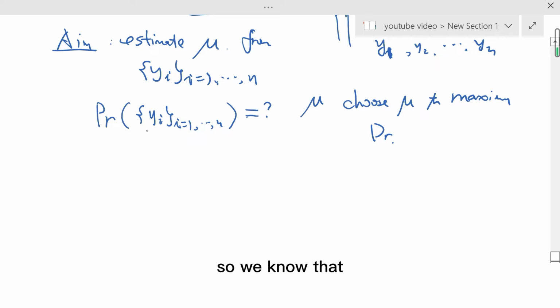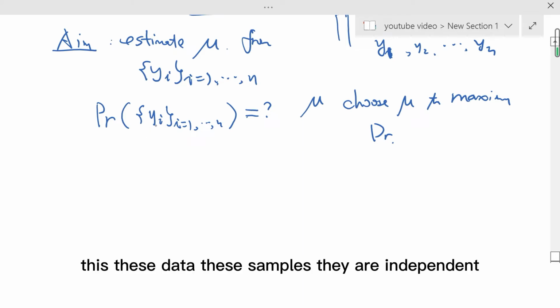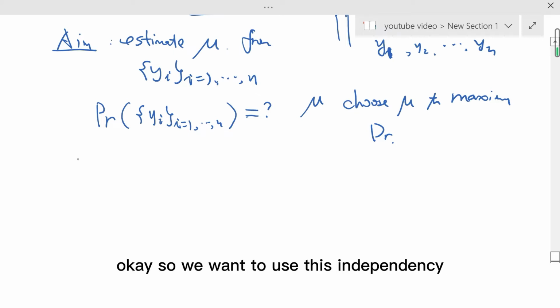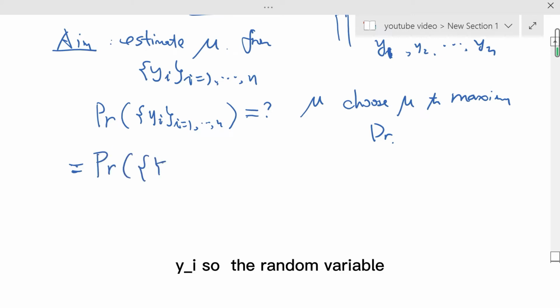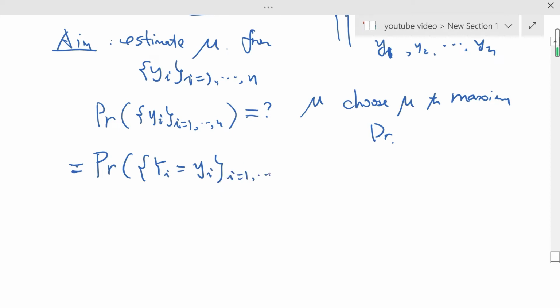Okay, let's derive the probability first. We know that these data, these samples, are independent, so we only use this independence. Observing these samples is exactly the same as Yi equal to little yi for i equal to 1 until n.